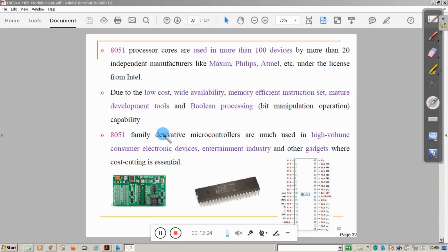So 8051 family derivative microcontrollers are much used in high volume consumer electronics and the entertainment industry.